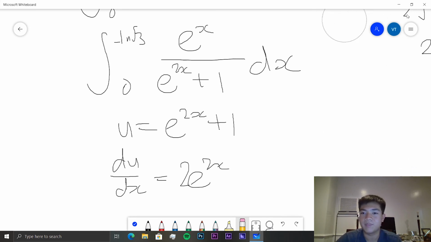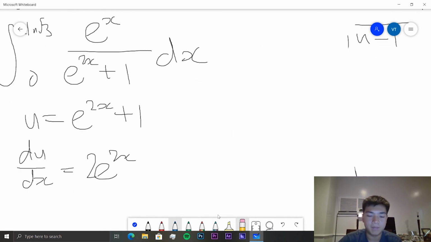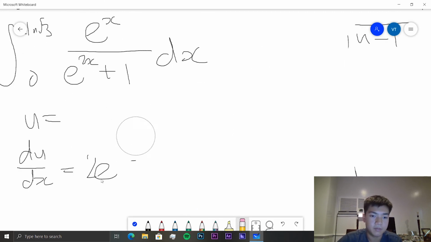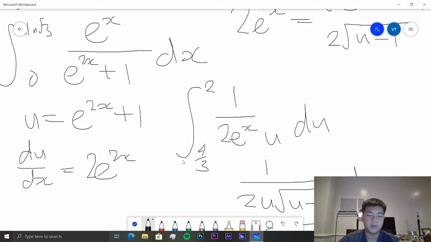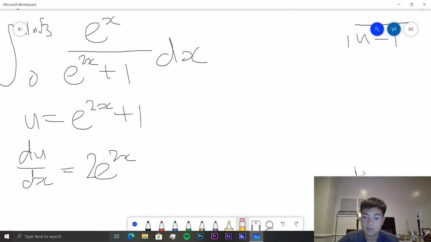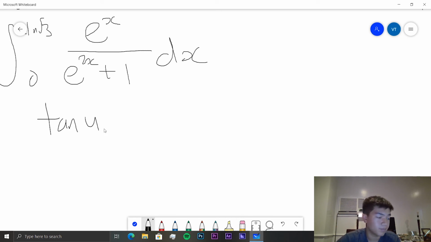Okay. So we have e to the 2x plus 1, so this is going to be a tan substitution. So we have tangent of u is equal to e to the x.